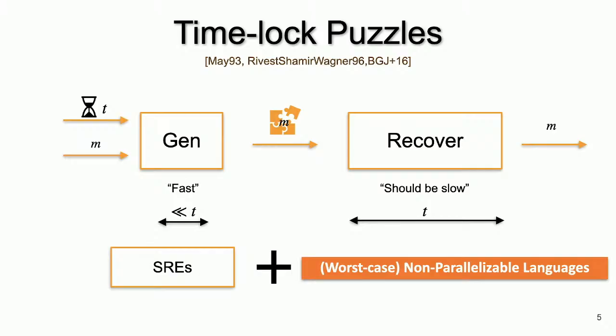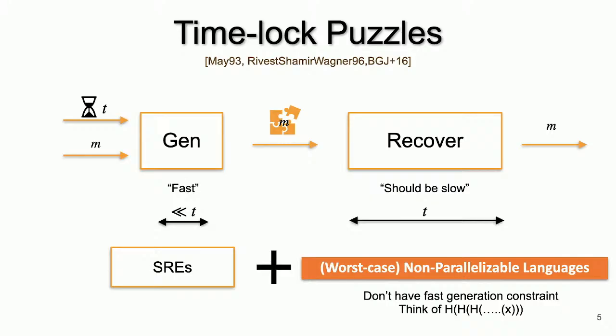Naturally, a work by BGJ+ in 2016 showed that succinct randomized encoding plus some worst case non-parallelizable language ends up giving you a time lock puzzle. To explain what this worst case non-parallelizable language is, you can think of a hash function on top of a hash function, iterated for a long time.